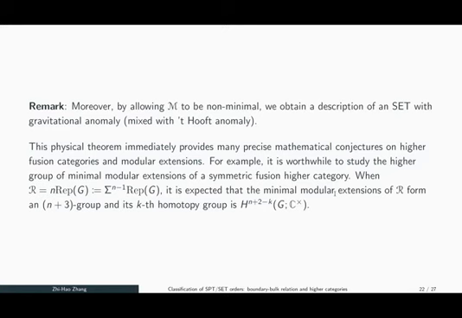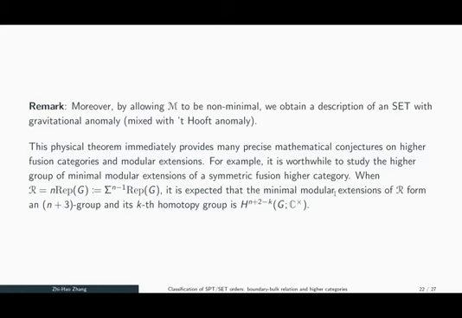Okay, so we just expect that the minimal modular extensions of this higher category form an n+3 group. And this k-th homotopy group should be the group cohomology H^(n+2-k). Okay, and you have many of these higher groups, and maybe there should be a structure like a spectrum or something.